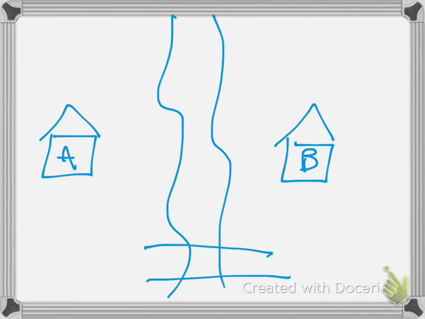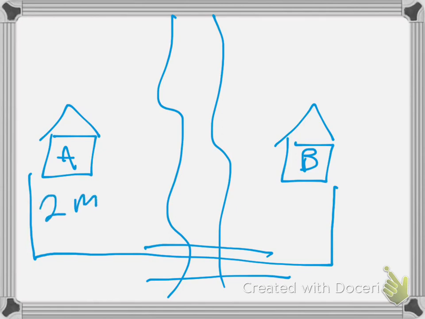So Bobby can't just travel this distance. He has to walk down, over, and up. So if we say the down is like 2 miles, and the over is like 5, and then the up is another 2 miles, then total distance, how far did Bobby travel? 9 miles. Yes, 9 miles.